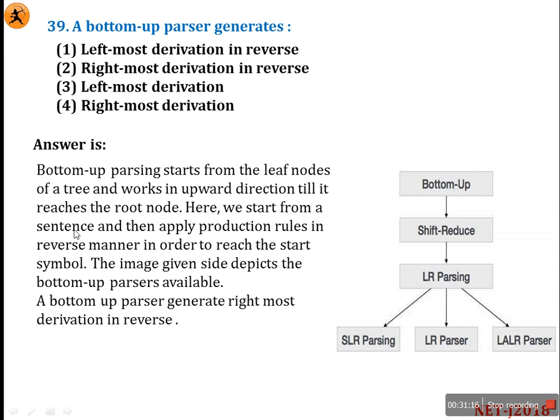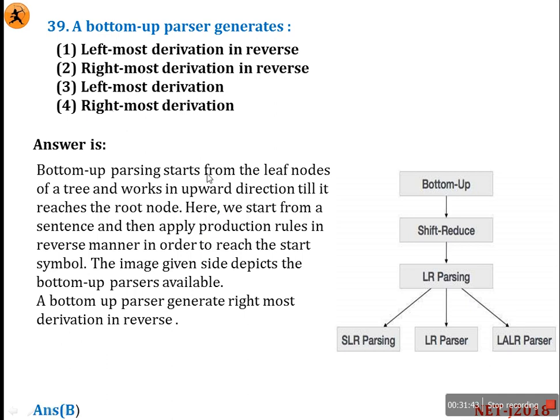Here we start from a sentence and then apply the production rules in reverse manner in order to reach the start symbol. The image given on the side shows the bottom-up parsers available. A bottom-up parser generates the rightmost derivation in reverse order. So option 2 is the right answer.